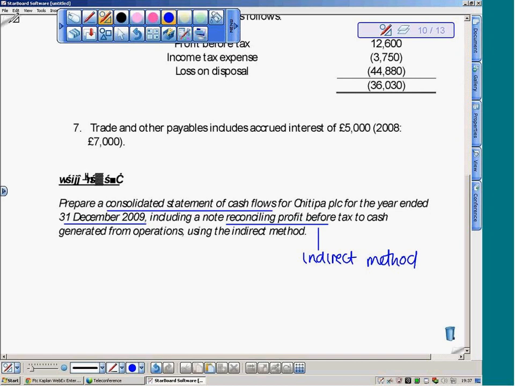It's governed by IAS 7. Can we get examined on the direct method? You're not likely to see it. They never really tested that from a group perspective. It will be the indirect method that you will see, certainly for your group question.